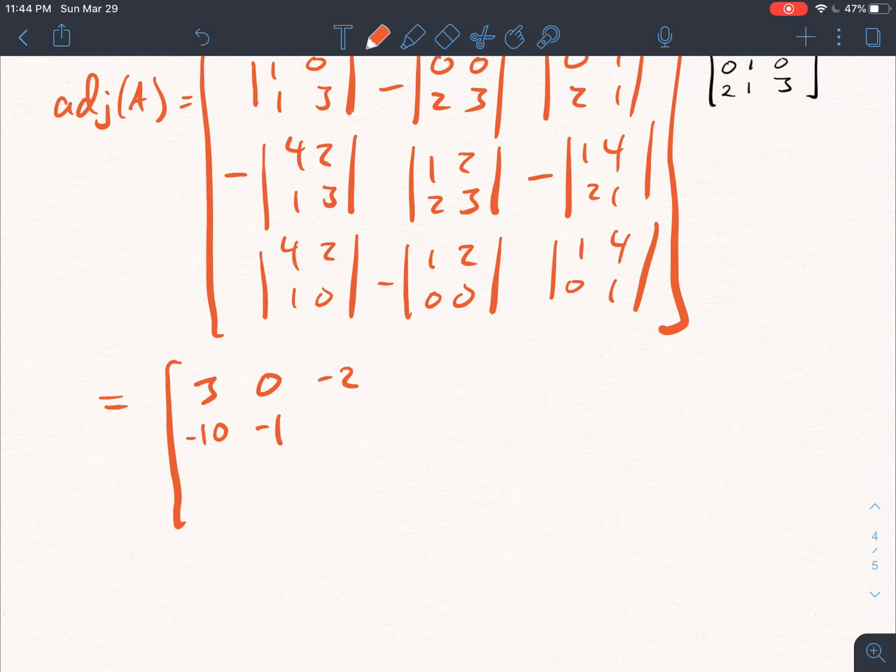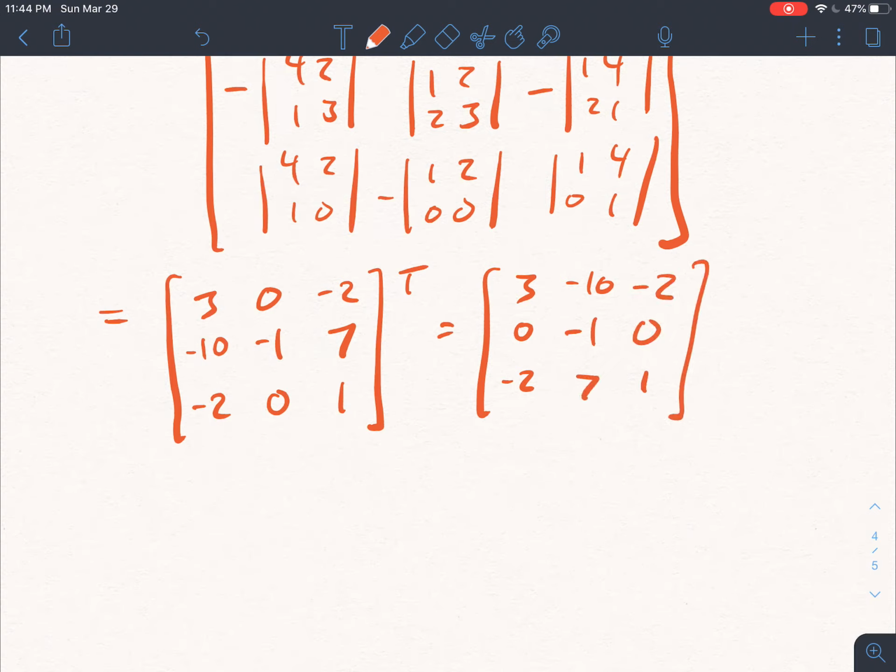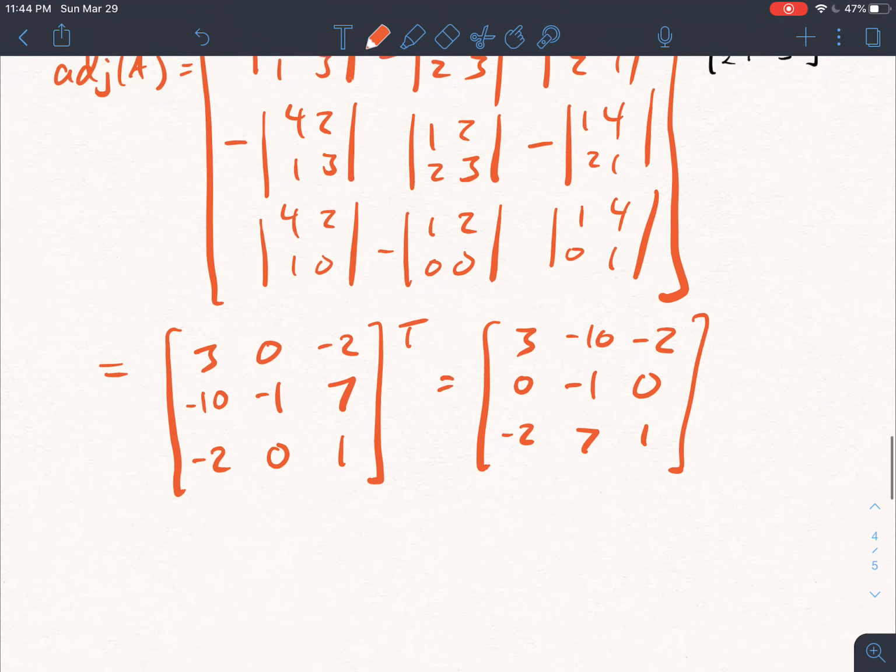The next entry is 1 minus 8, which is negative 7, but I make that positive because of the sign change. Then the next entry is 0 minus 2, then that determinant is 0, and the last determinant is 1. Then I take a transpose, and I get 3, 0, negative 2, 10, negative 1, 1, 7, 0, negative 2.